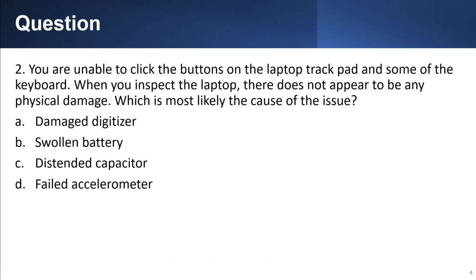Question 2. You are unable to click the buttons on the laptop trackpad and some of the keyboard. When you inspect the laptop, there does not appear to be any physical damage. Which is most likely the cause of the issue?